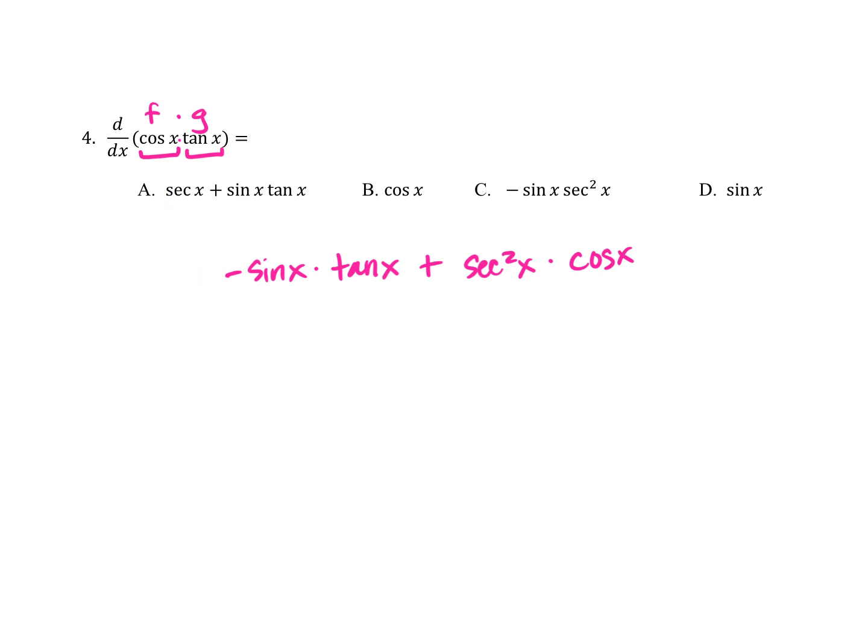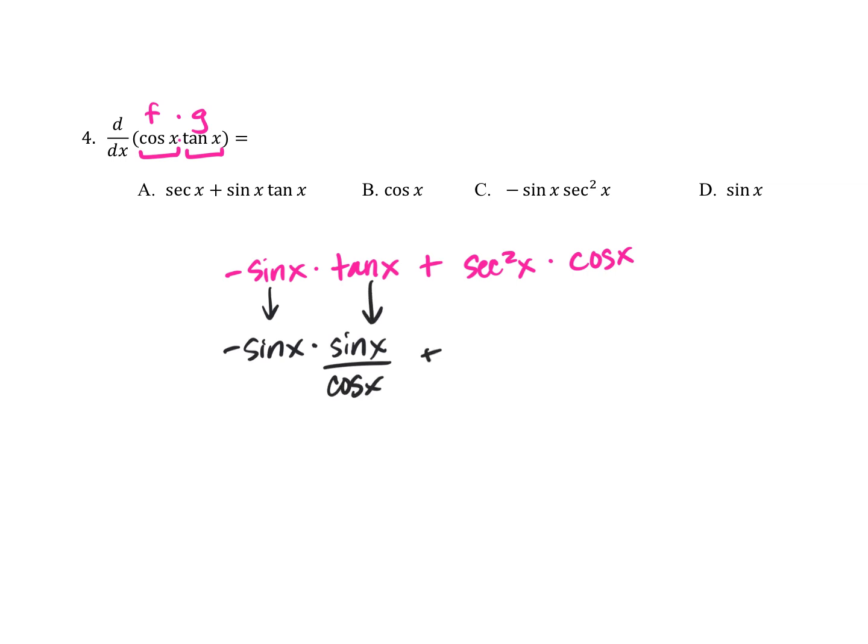So they're making us simplify on this one. How can I rewrite? We did this in Unit 11 last year, and this was like Pythagorean identities, simplifying. How can I rewrite tangent? I'm going to just bring down this sine, and then I'm going to rewrite tangent as sine over cosine.